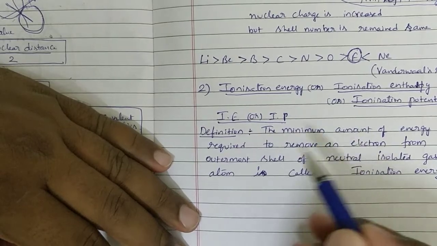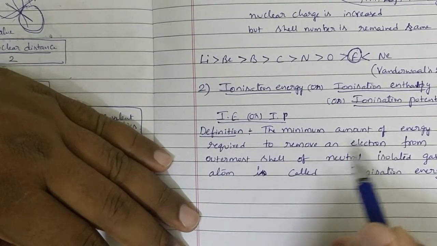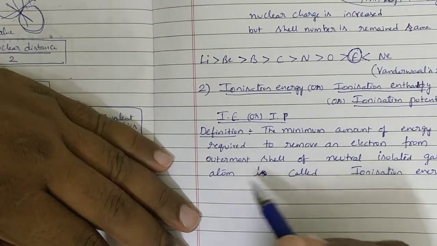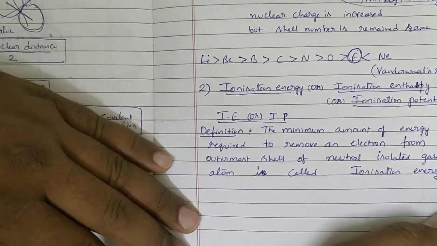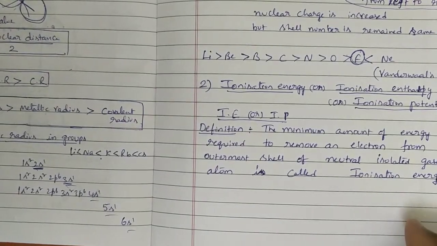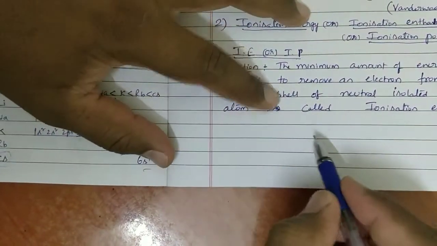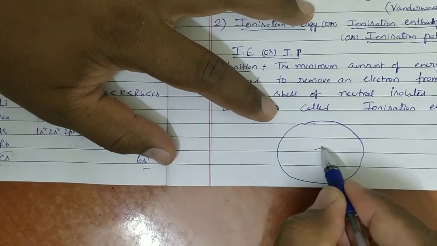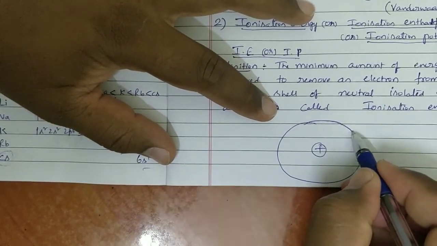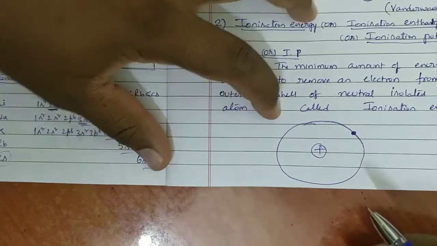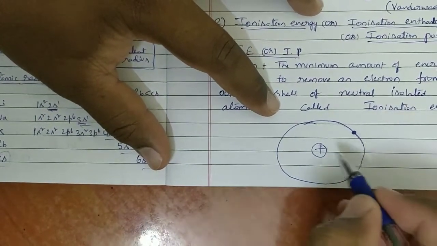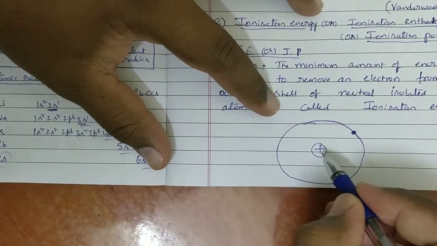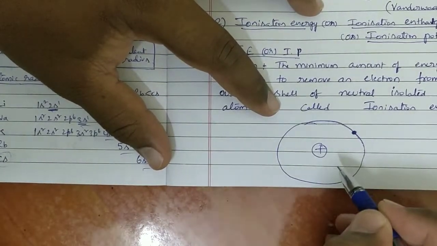The minimum amount of energy required to remove an electron from the outermost shell of a neutral isolated gaseous atom is called ionization energy. Now the explanation of this definition: let us consider any one atom which contains one electron in the outermost shell, and it is held in the shell because of attraction between the nucleus and that electron.